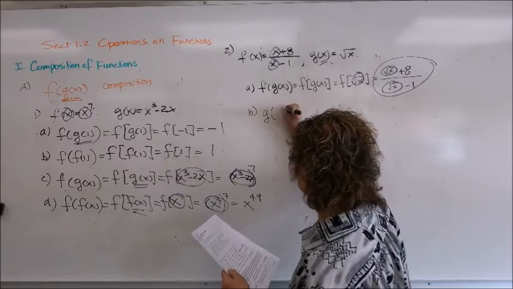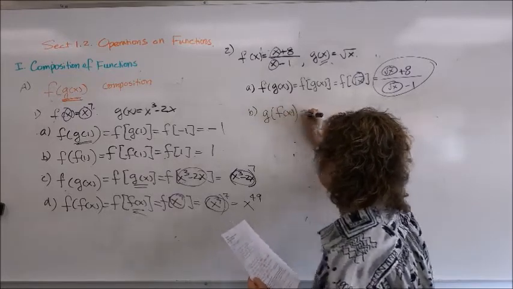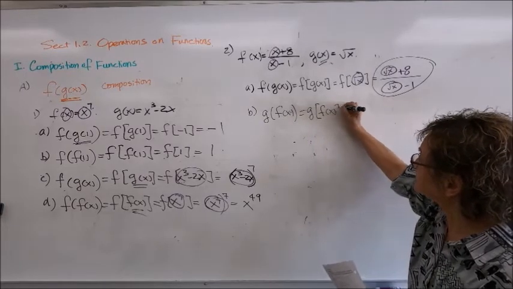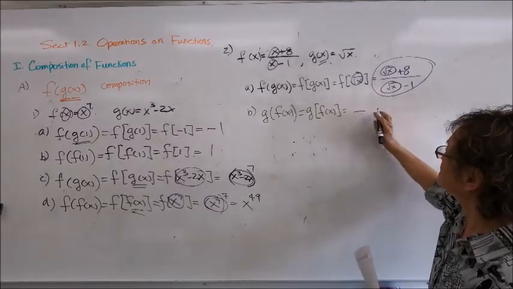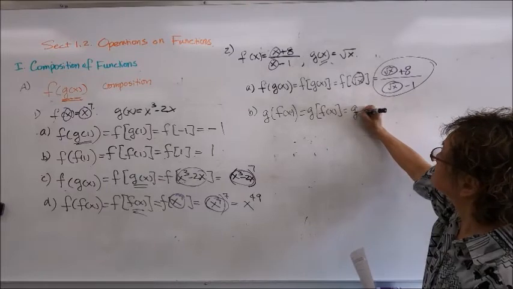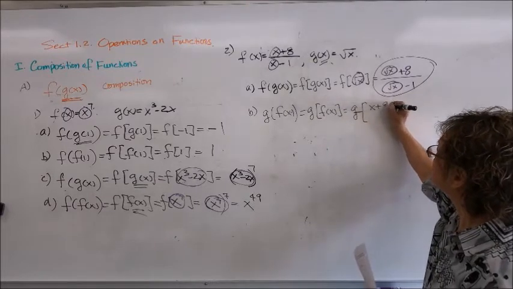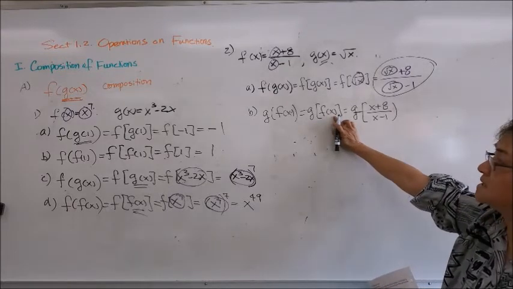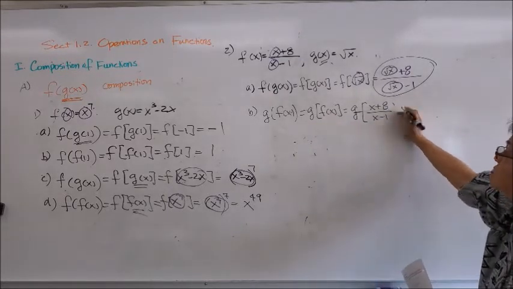If we have g of f of x, what do you need to do? You do the f of x first, which is x plus 8 over x minus 1. f of x means whatever x is, f would be this one.